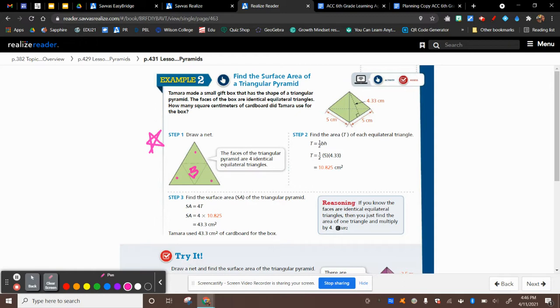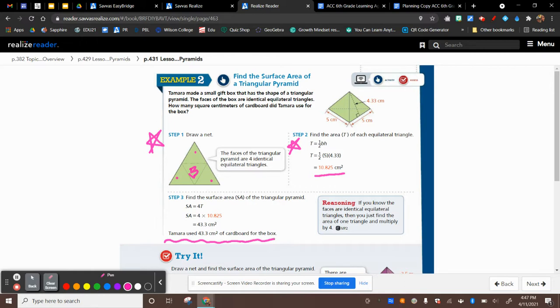We can find the area of one using our formula 1/2 base times height, 1/2 times 5 times 4.33. We get 10.825. Because there are 4 of them that are the same, we multiply that by 4 and we get 43.3 centimeters squared for the surface area of the triangular pyramid.